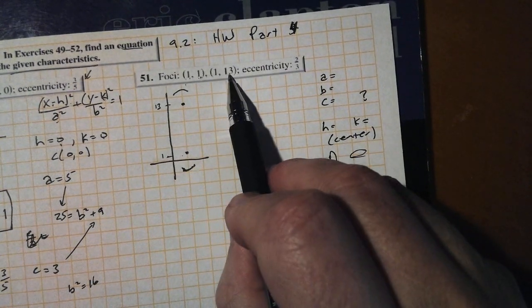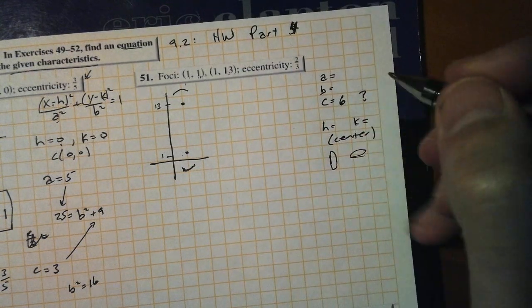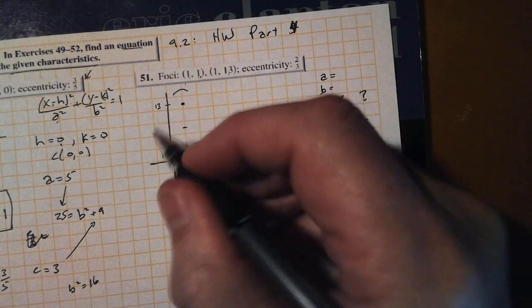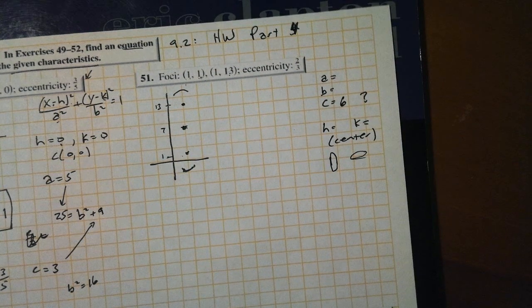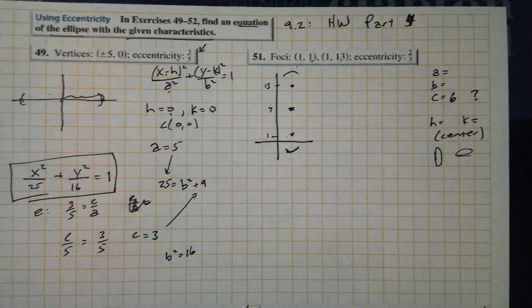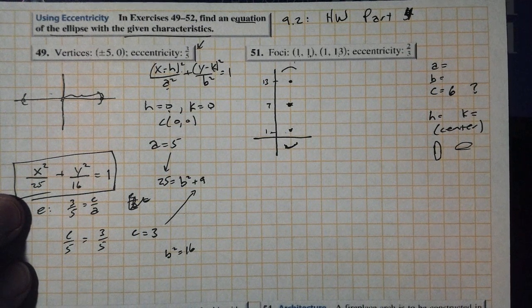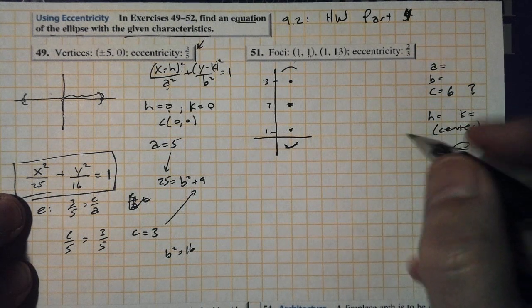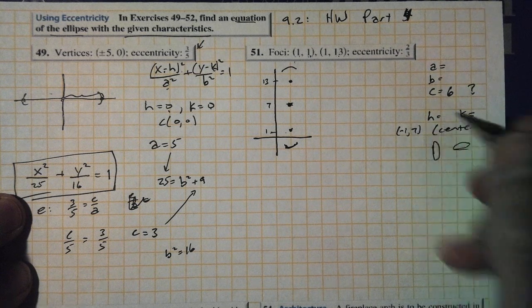From 1 to 13 is 12, so C is 6, which means up at 7 here, they just gave us HK. The midpoint of the foci is the center, and the center is at -1, 7.